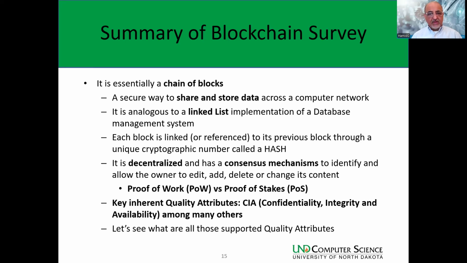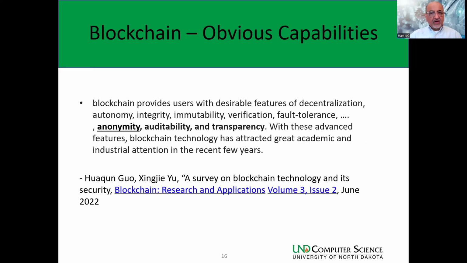You participate, and you bet some of your coin that you're the right person. If you're faking, you lose that coin. And it's very quickly obvious that you will not be the right person. So the safety and security is there as well for proof of stake. But the key inherent quality attributes in the blockchain are something called CIA: confidentiality, integrity, and availability, among many other ones. So let's see what those are.